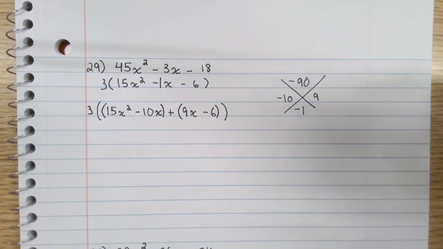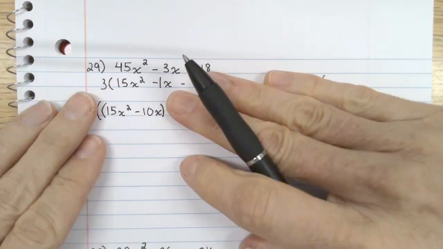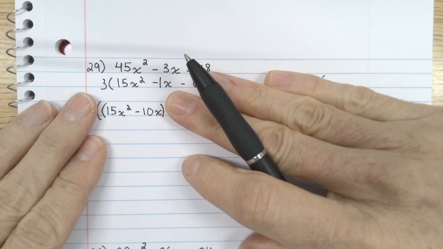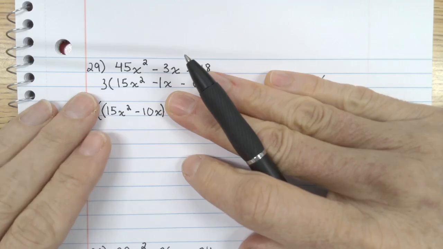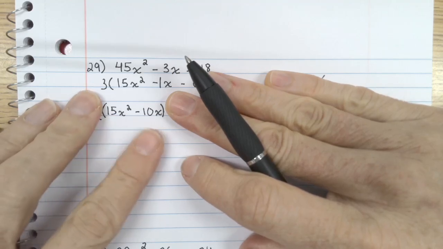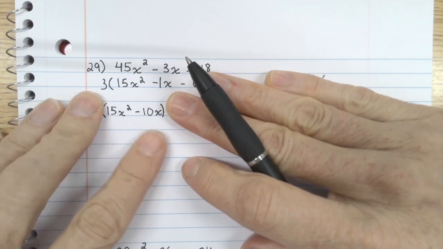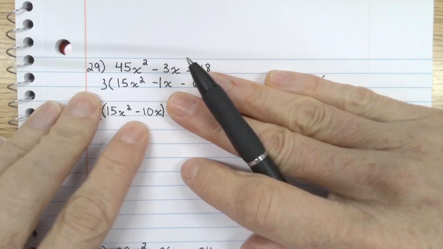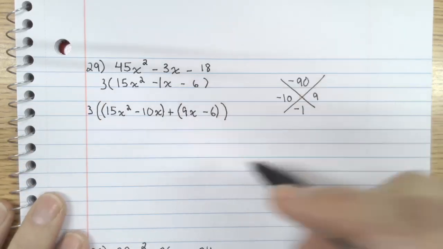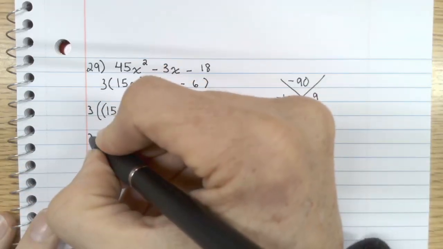Alright. Now I have to look at each of them individually and ask the question, okay, what's the greatest common factor for 15 and 10? And the answer is 5. So I want to factor a 5 out of that expression right there. So I'm going to, again, drop my 3 here.